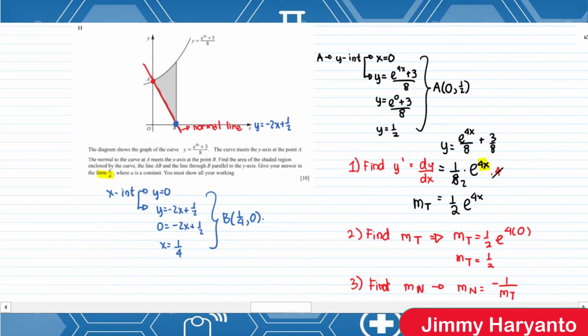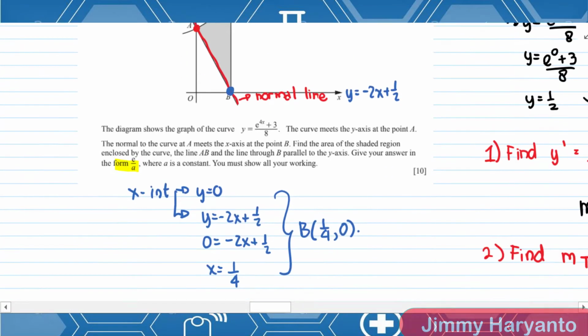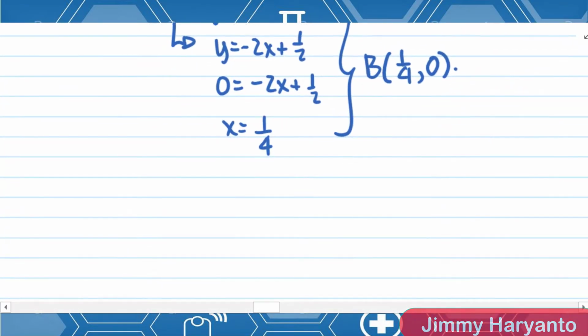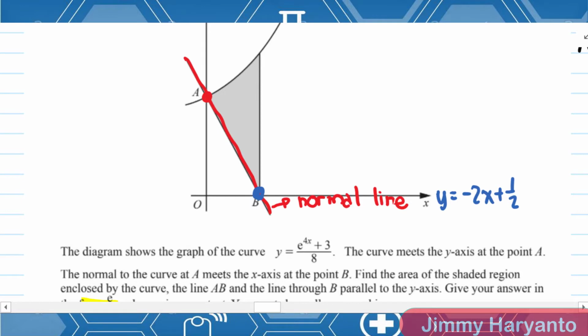After that, apalagi? Area ya. Now, it's time for us to find the area. As you know, the area of a curve will be integration from the left boundary, where x is 0, to the right boundary, x equals 1 over 4.